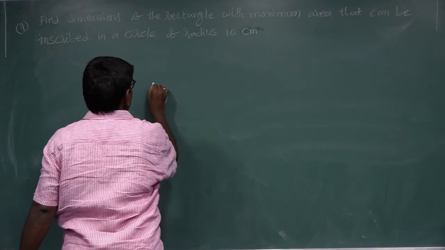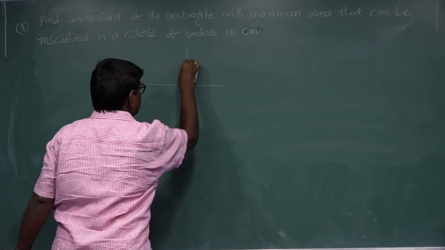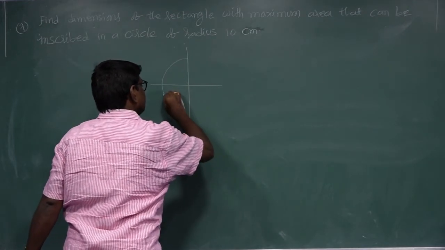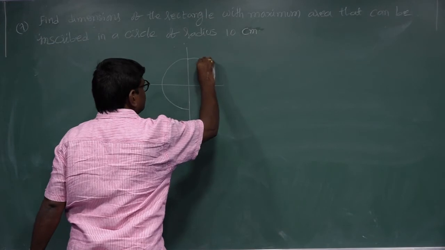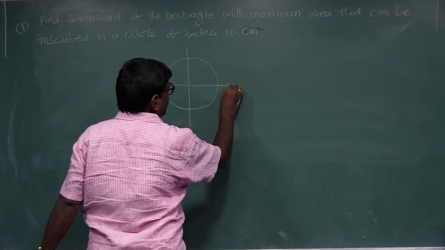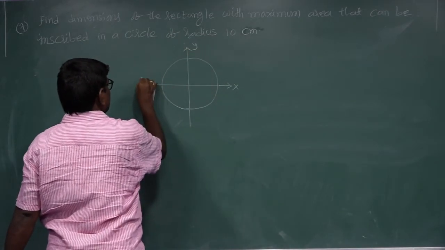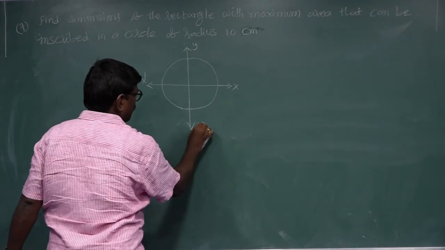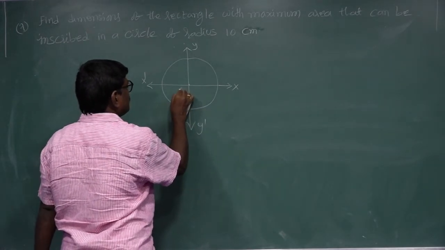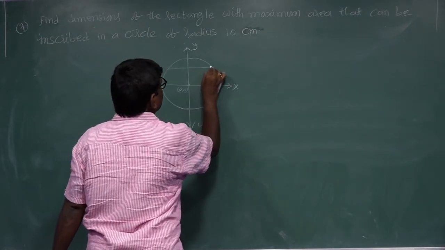This is the x-axis, this is the y-axis, x dash, y dash. This is the origin, 0, 0.